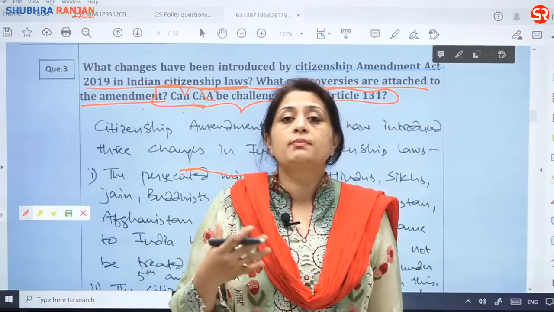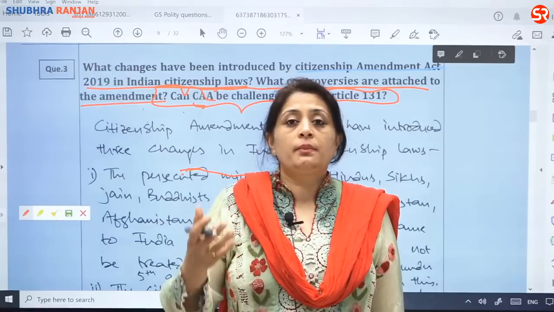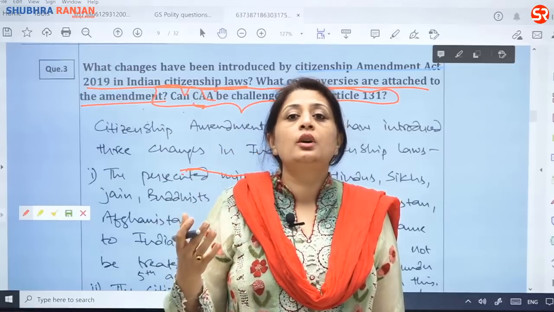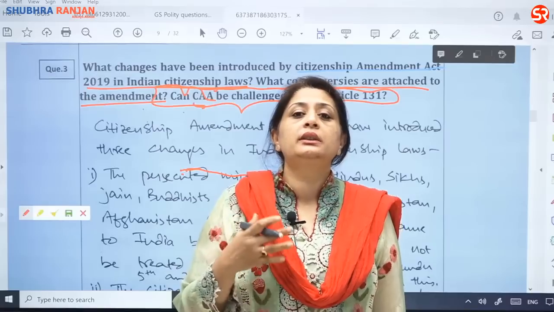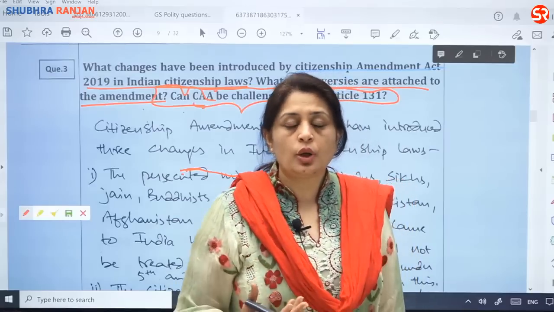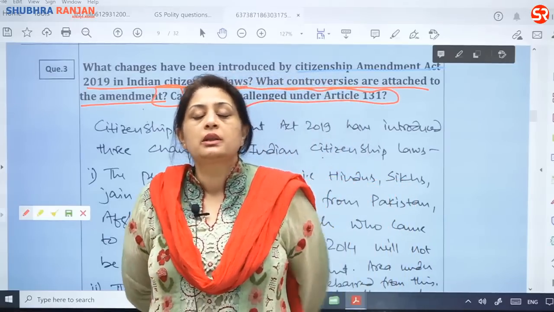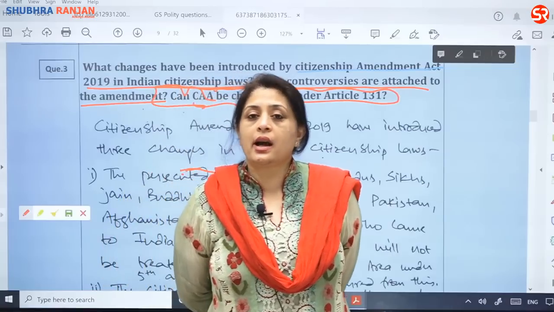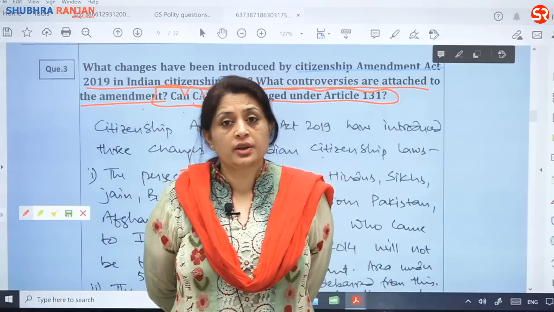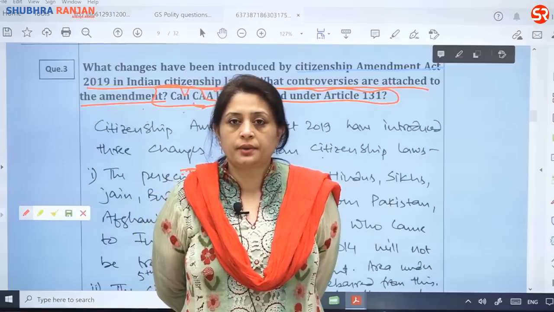So again, it is a matter which is sub judice, but we also need to know what the government's point of view is. So again, in the government's affidavit, there are certain arguments that have been written.